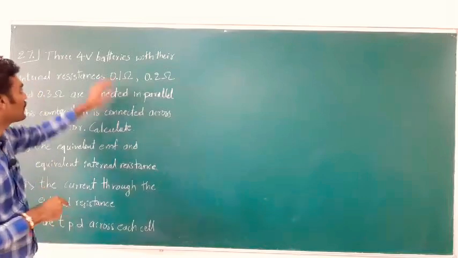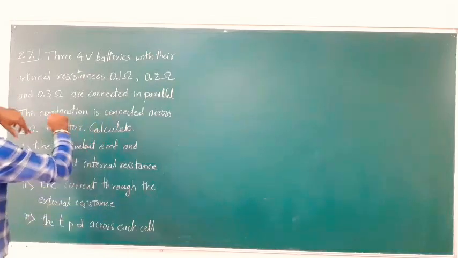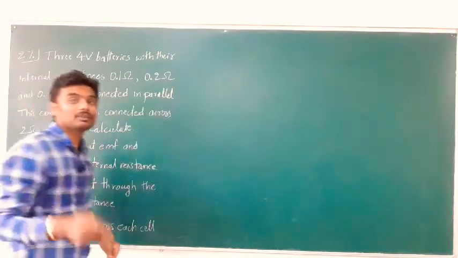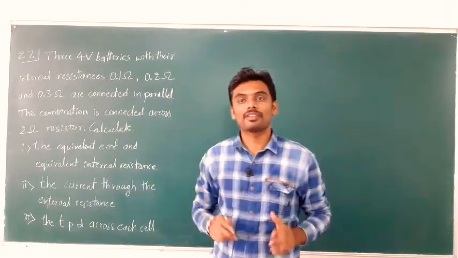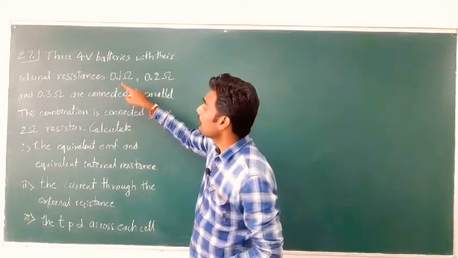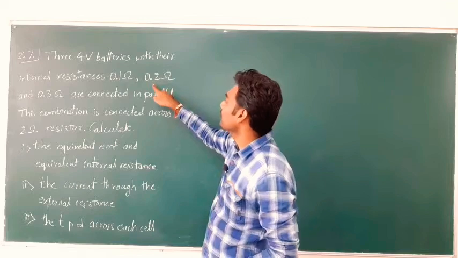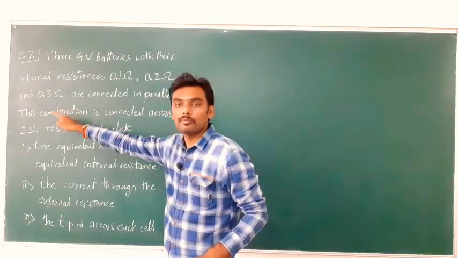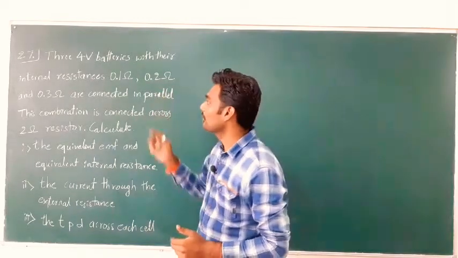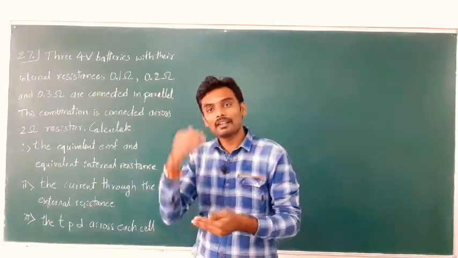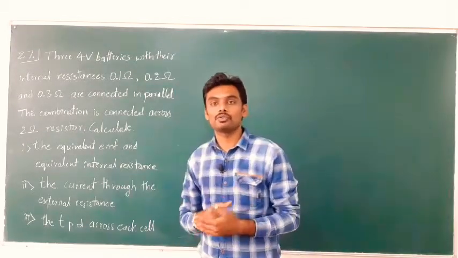But even though they have the same EMF, their internal resistances are not the same. One battery has internal resistance 0.1 ohm, the other has 0.2 ohm and the last one has 0.3 ohm. These batteries are connected in parallel, and the combination is connected across a 2 ohm resistor.